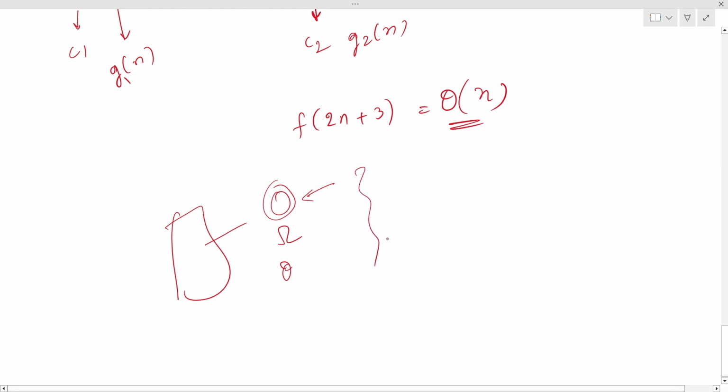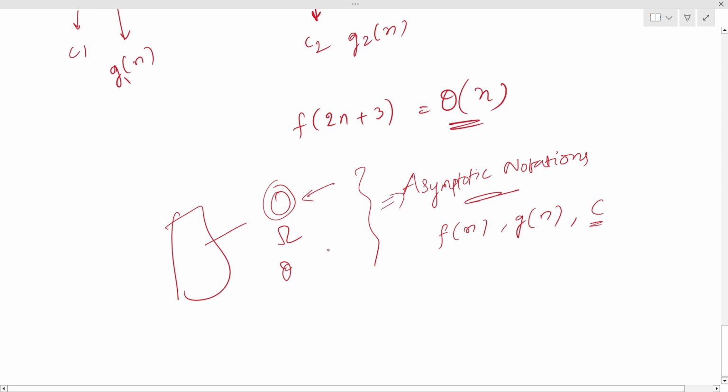And this is about our asymptotic notations. Why we are calling these asymptotic notations, hope you got it: we are trying to make it in terms of functions. We use f of n, we use g of n, different functions, and we are using some constants like c. So that is the idea of asymptotic notations.